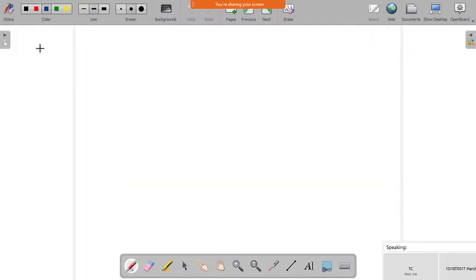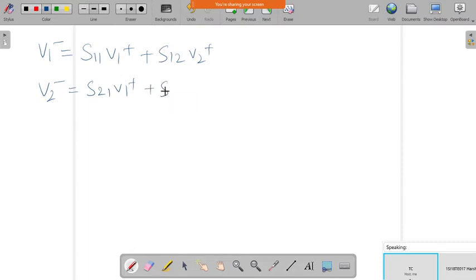So we have V1 minus equal to S11 V1 plus plus S12 V2 plus, and similarly V2 minus equal to S21 V1 plus plus S22 V2 plus. Now we can define what S11 is.